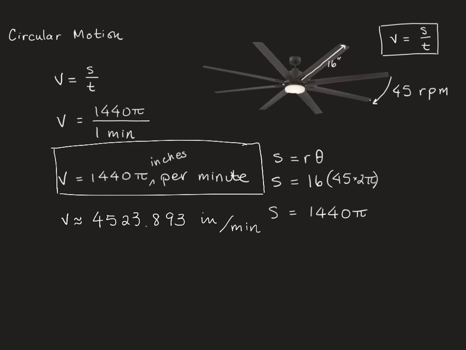Although the formula for linear velocity on a circle is pretty simple and straightforward, we had to use the formula for the length of an arc of a circle in order to know what to plug into our linear velocity formula.